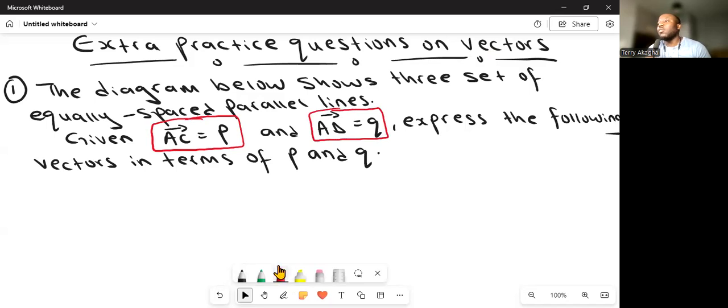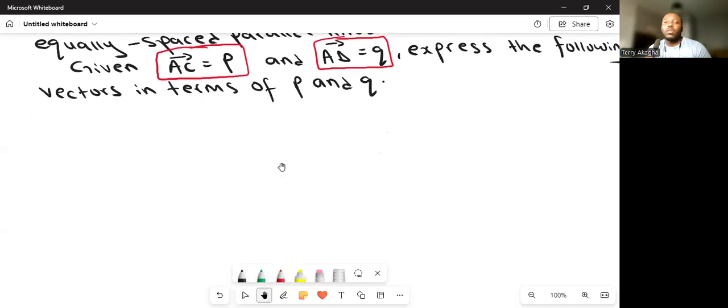All right, so let me draw the diagram I have here. We had something like this. We had one line this way, another one this way, and another one this way.